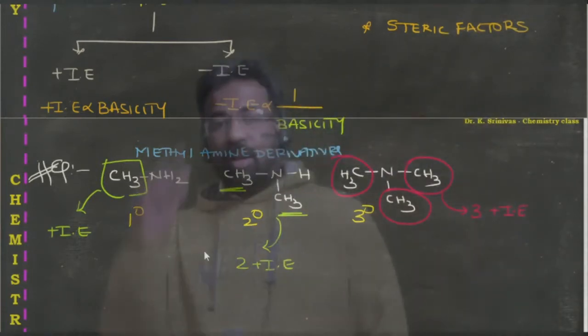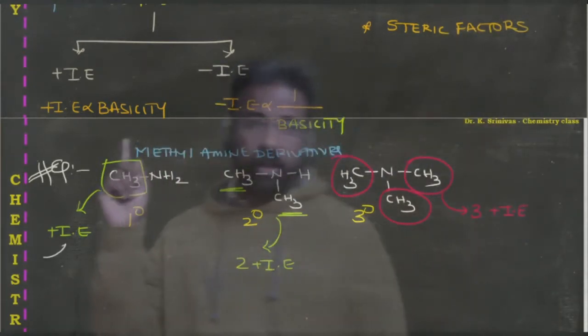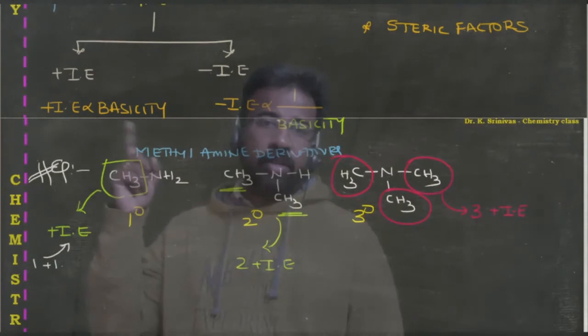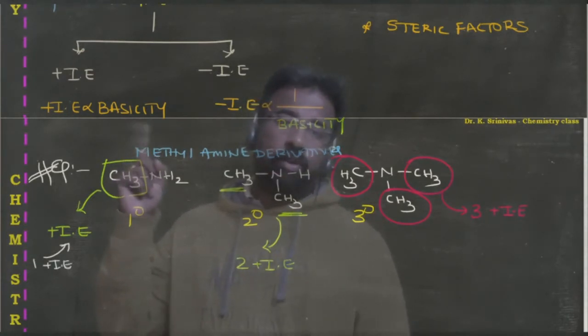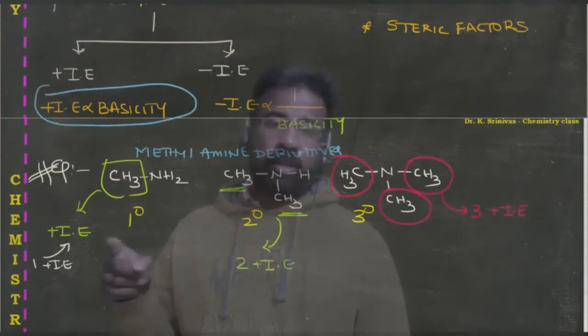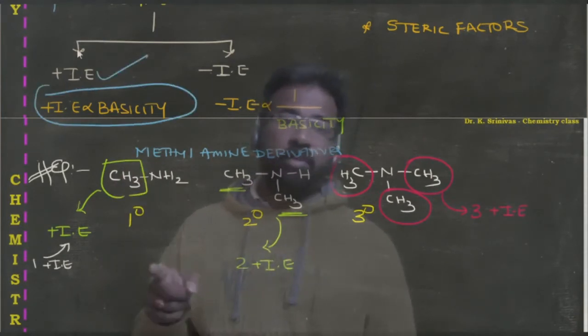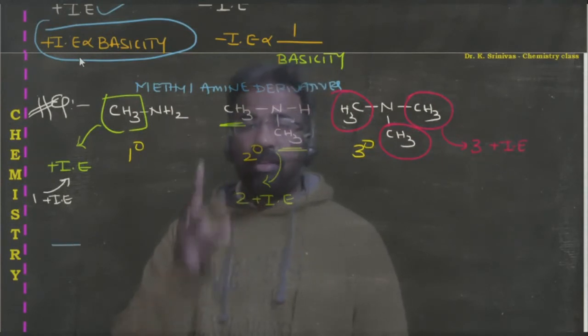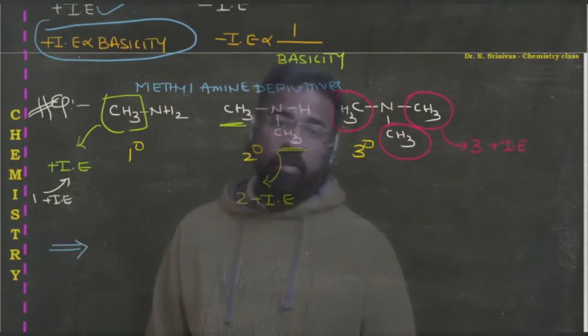So already we have some information. What is that information? The plus inductive effect group is directly proportional to basicity. Among these three, if you observe carefully, the tertiary has three plus inductive effect groups, isn't it?